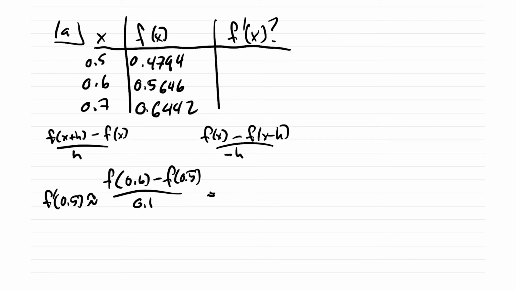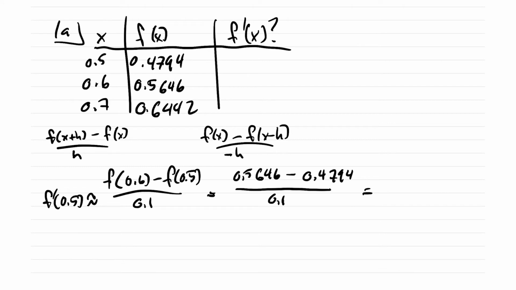So what is this value? So 0.6 is going to give us 0.5646 minus f of 0.5, so it's going to be 0.4794 divided by 0.1. And so what we're going to get is, so we get like 0.